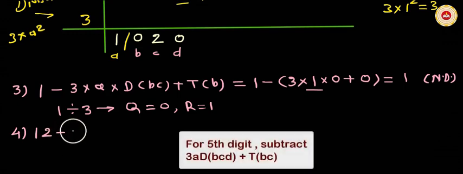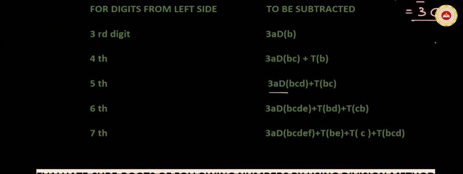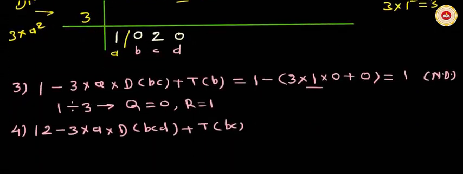12 minus 3 multiplied by A multiplied by duplex of BCD plus triplex of BC, correct? Let us confirm once again. Triplex of BC, BCD, yes.